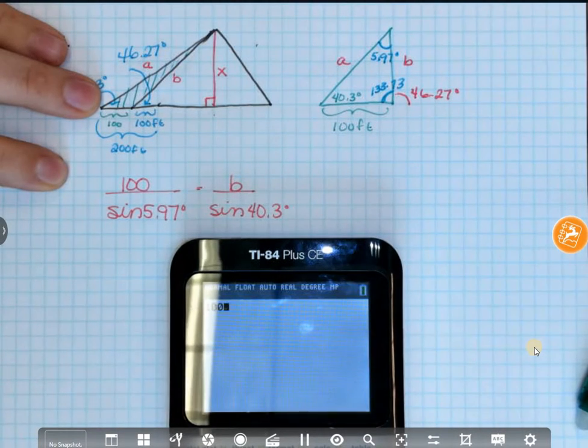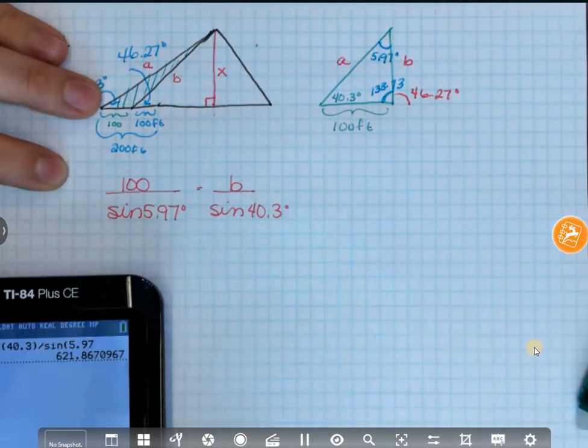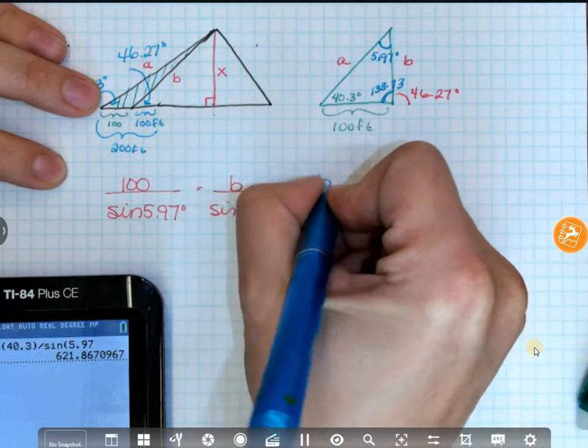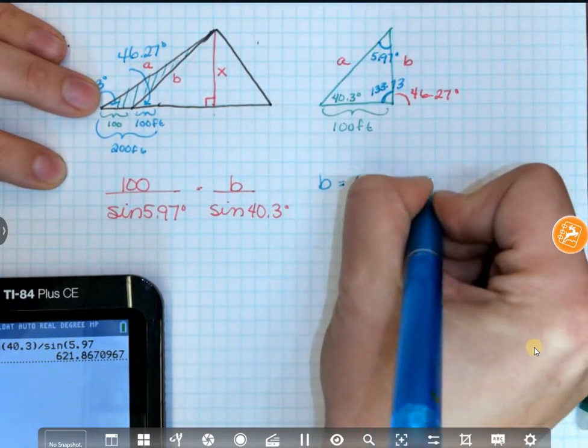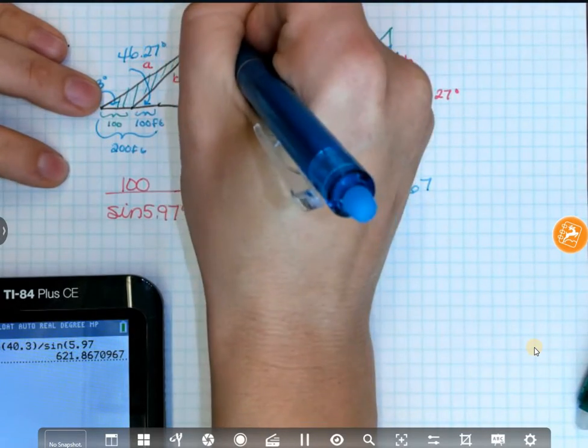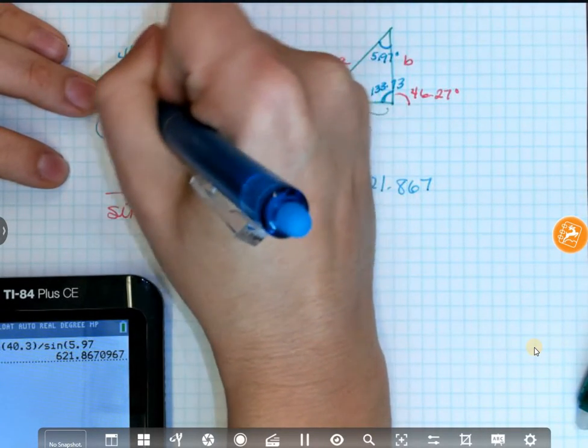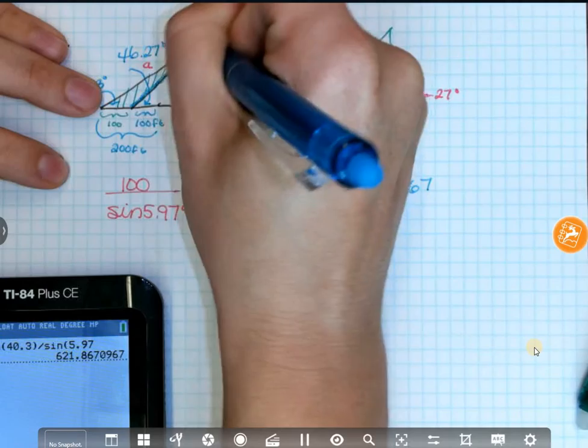So I will do 100 times the sine of 40.3. Whoops. Close that parenthesis, divided by the sine of 5.97. And so I come up with that B to be equal to 621.867. So that's that piece right there.